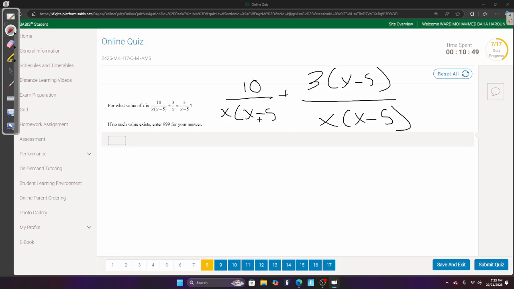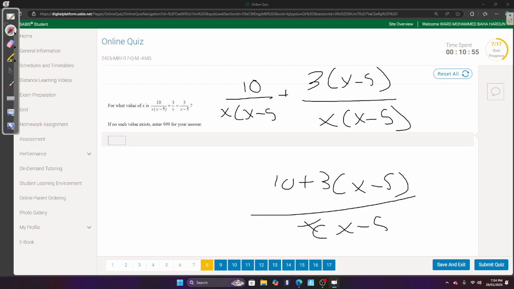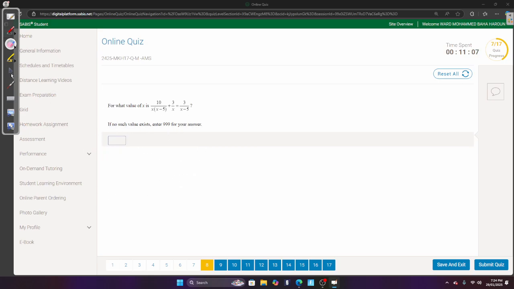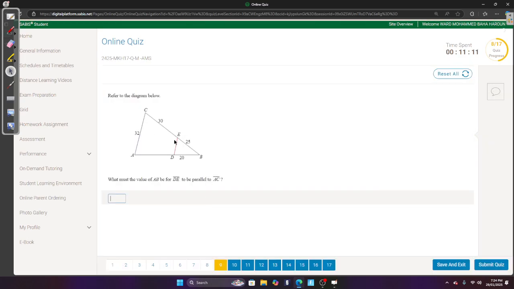We have the same denominator, so 10 plus 3 over x minus 5. You can't cancel it to make it equal to 3 over x minus 5. It's going to be equal to 13 over x minus 5. So the answer is 999. I was also confused with this question, because I've never seen a question with 999.